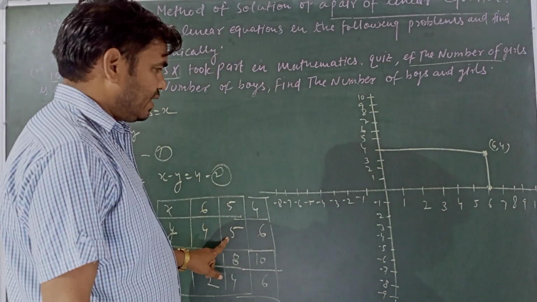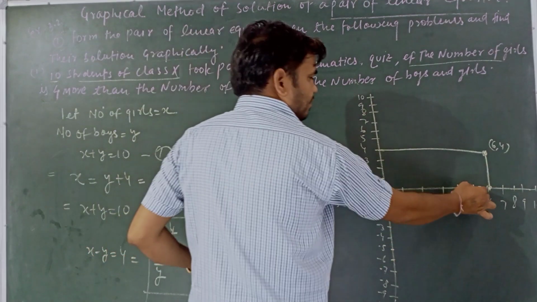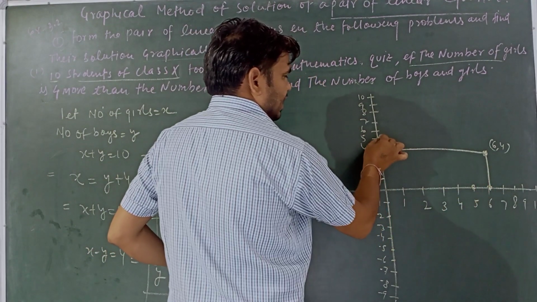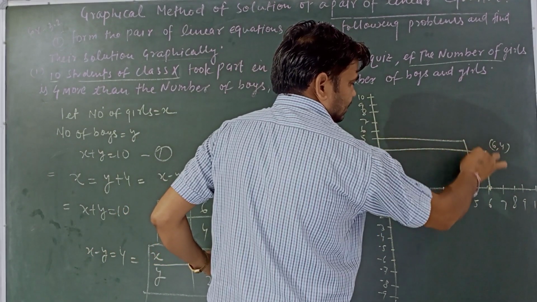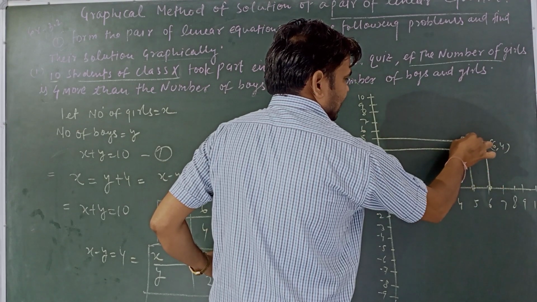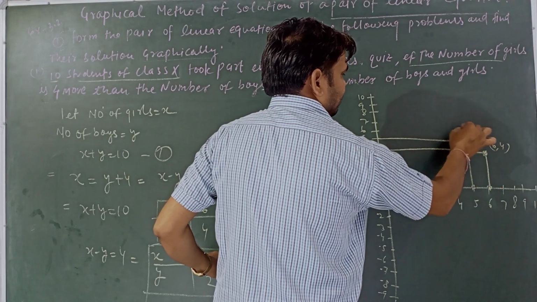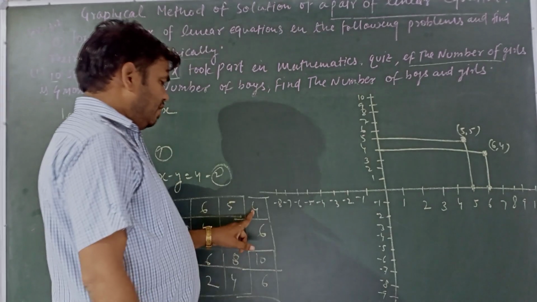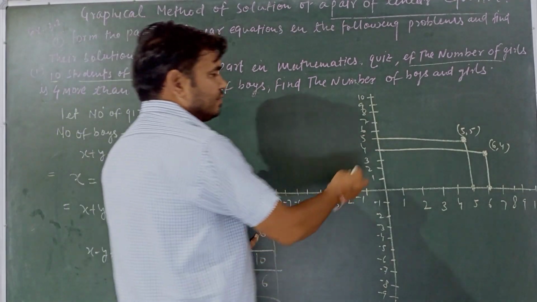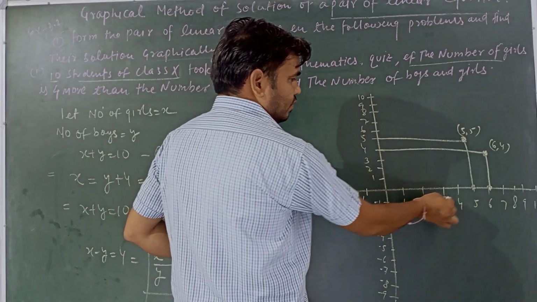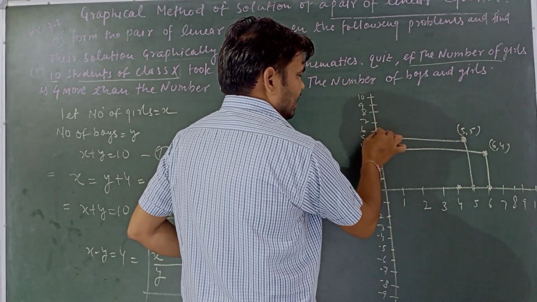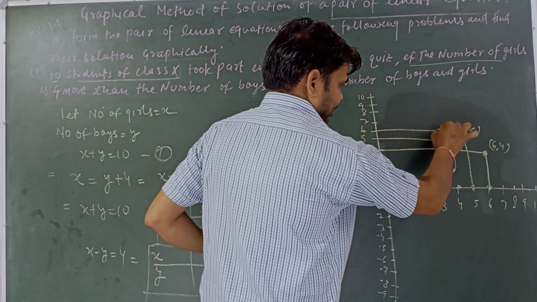After that 5 and 5, and then x equal to 4 and y equal to 6.